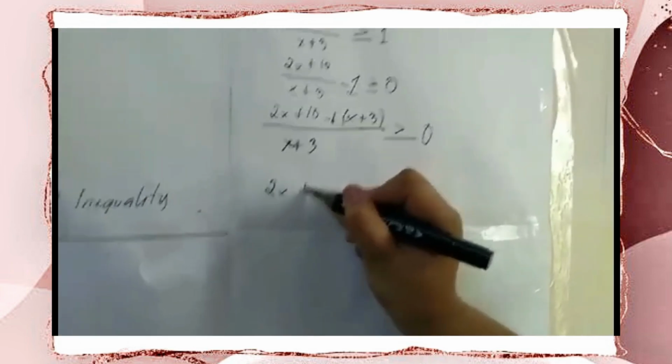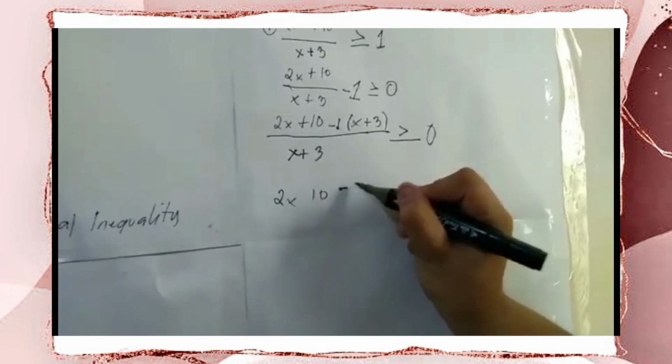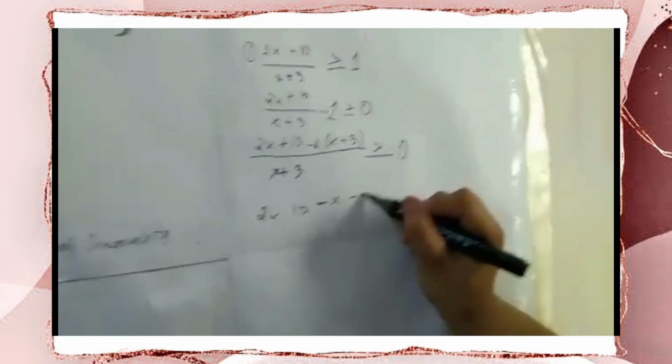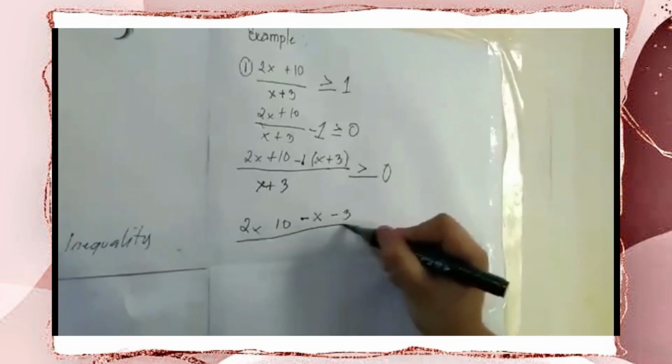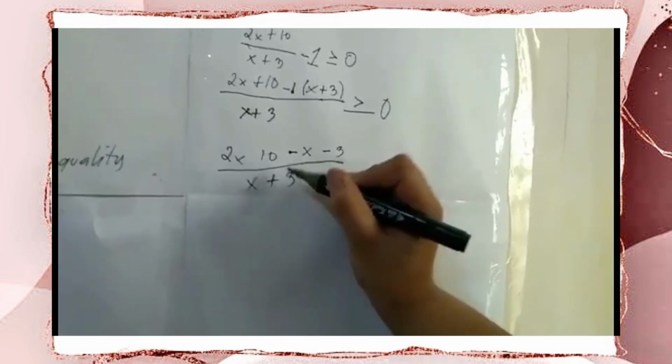So 2x plus 10 minus x minus 3, over x plus 3.